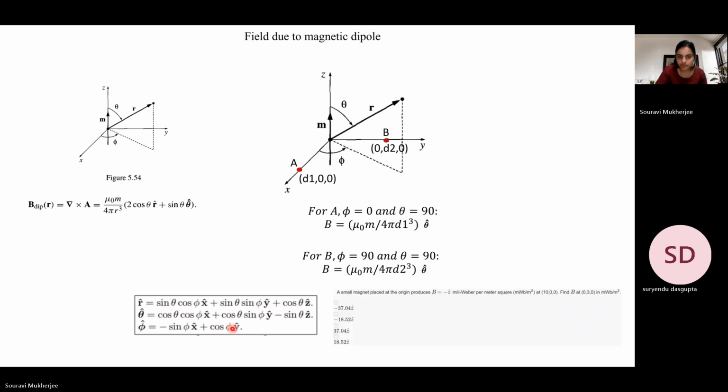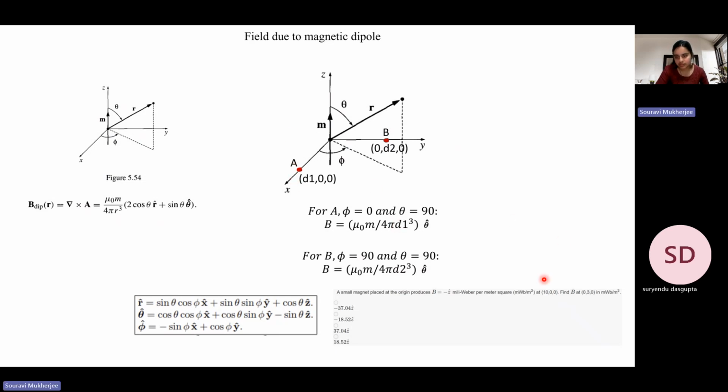Okay. So if you have a small magnet somewhere at the origin, and the field is specified at some point given like this. If we compare this question here, D1 is provided and the field is given as -1 z cap. Okay, the direction of the field is given. It's along minus z cap.